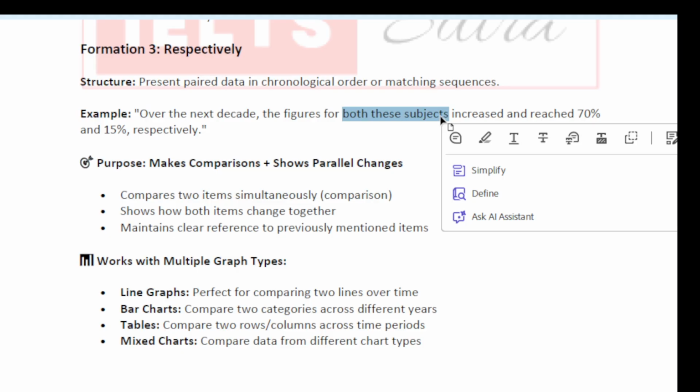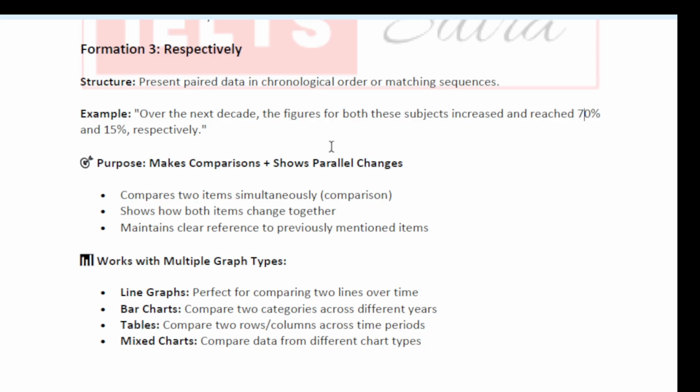So over the next decade, the figures for both these subjects increased and reached 70% and 15% respectively. In this case, 70% is for the first and 15% is for the second one, which means 70% for science and 15% for maths.